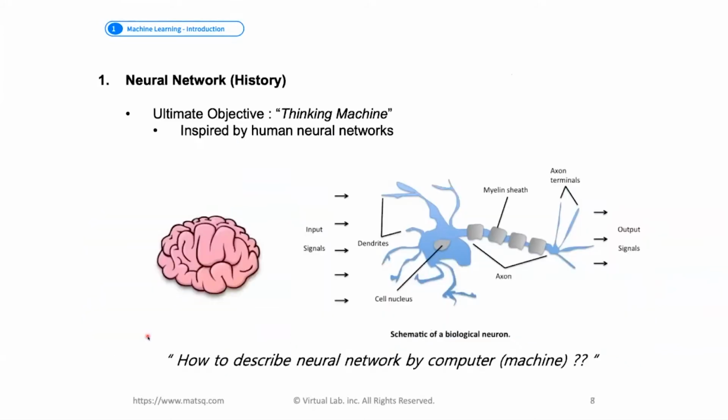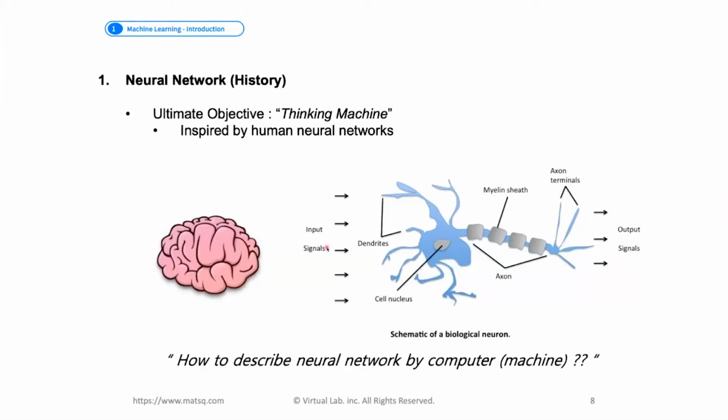So what is the purpose of artificial intelligence or machine learning? People first wanted to make a thinking machine. Then they thought about how to describe a neural network by computer. The answer was inspired by the human neural network system, like this. It's a human brain. There is a signal here, and this is the input signal.